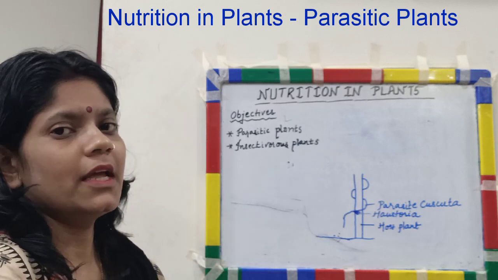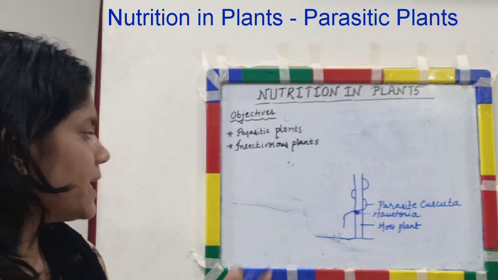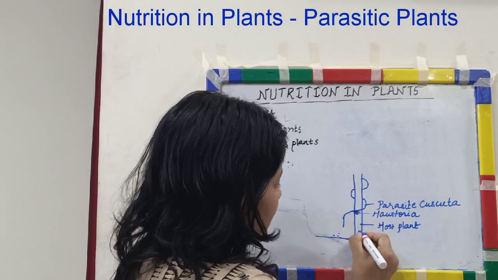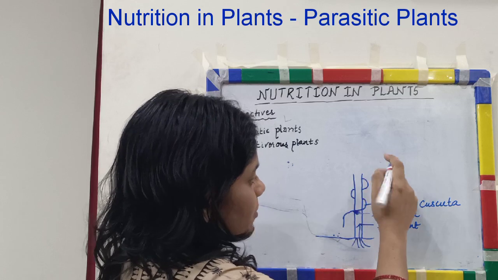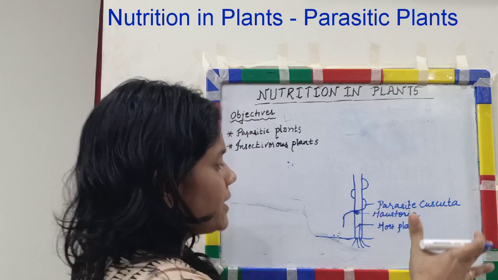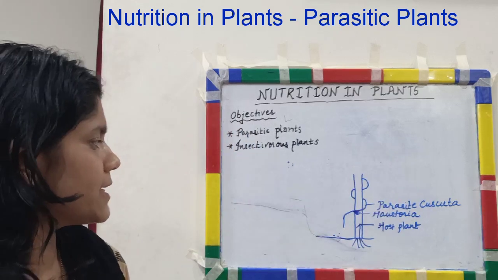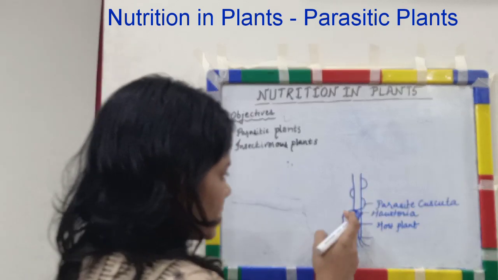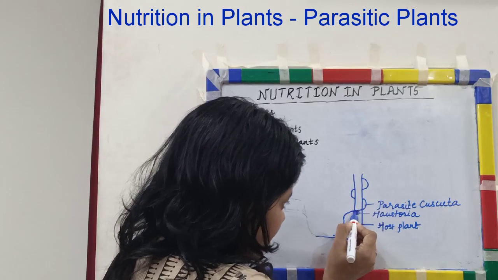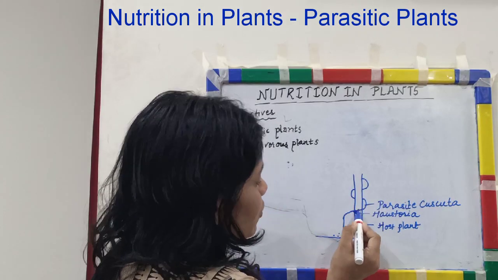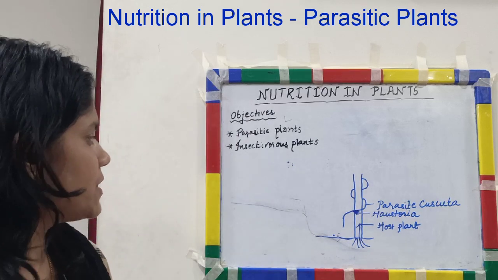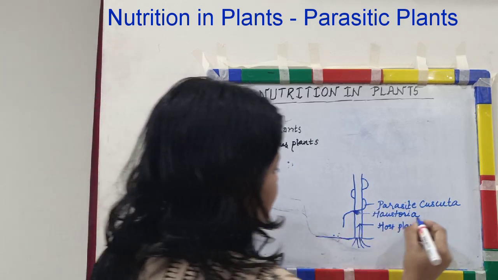As I already told you, from the ground, water and minerals reach the leaves through the branches and stem via the vascular tissue. So this haustoria sets up a connection with the vascular tissue of the plant from which it derives the nutrition. So we may write about haustoria.